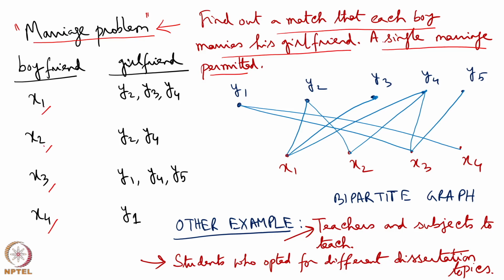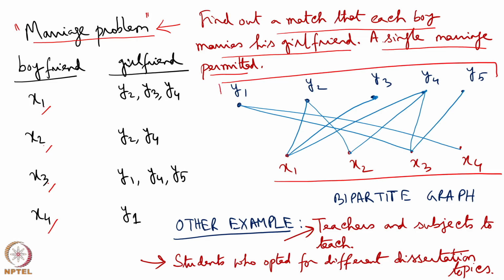We can see x1, x2, x3, x4 written over here, and then y1, y2, y3, y4 and y5 written over there. The first observation is that in this set the cardinal number is 4, and in this set the cardinal number is 5.